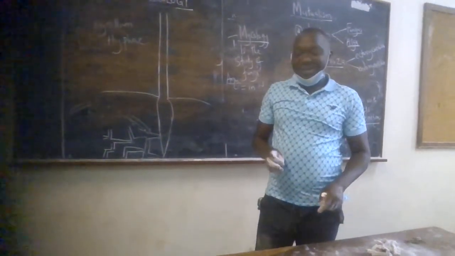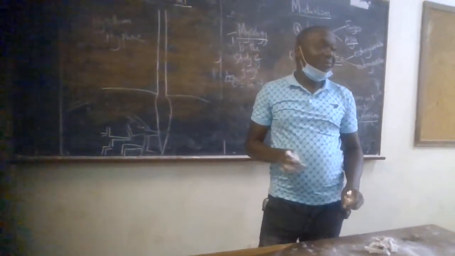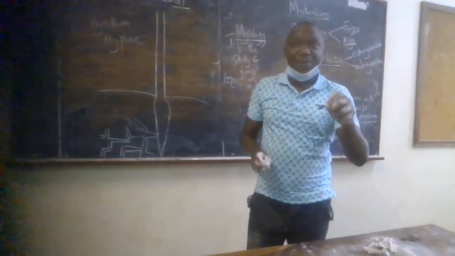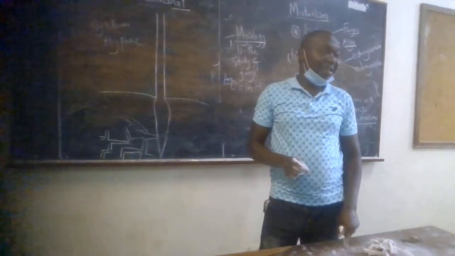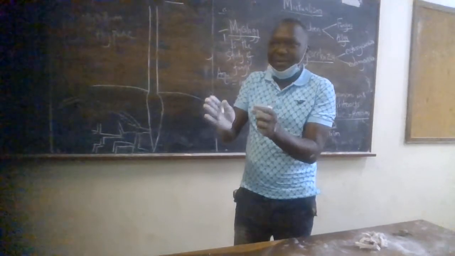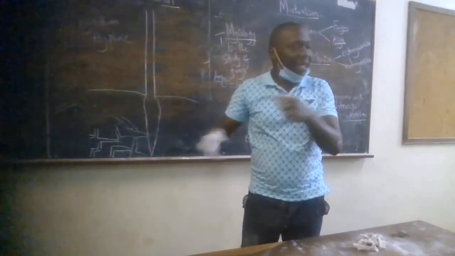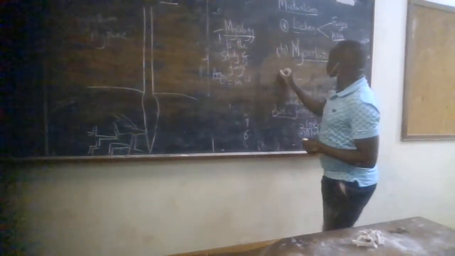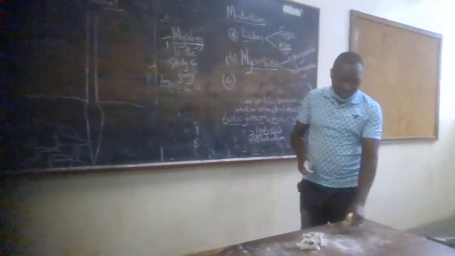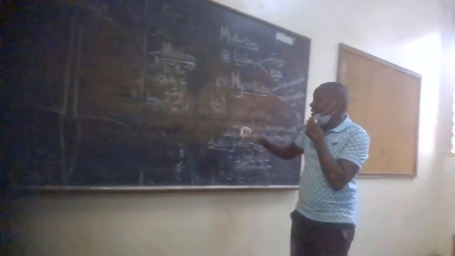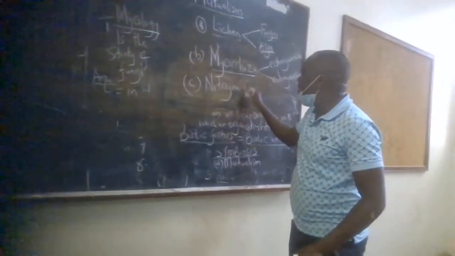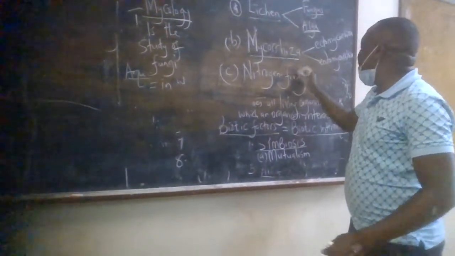Now, you are going to go back and interest yourselves with these mutualistic associations. Writing with examples about mycorrhiza, ecto, endo, and others, like nitrogen fixing bacteria.